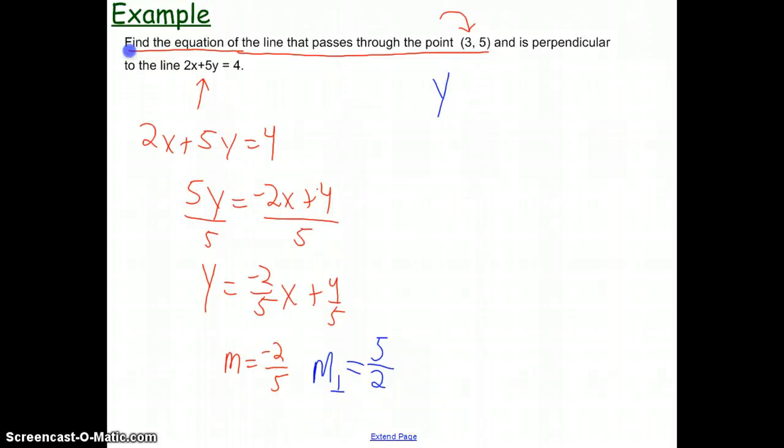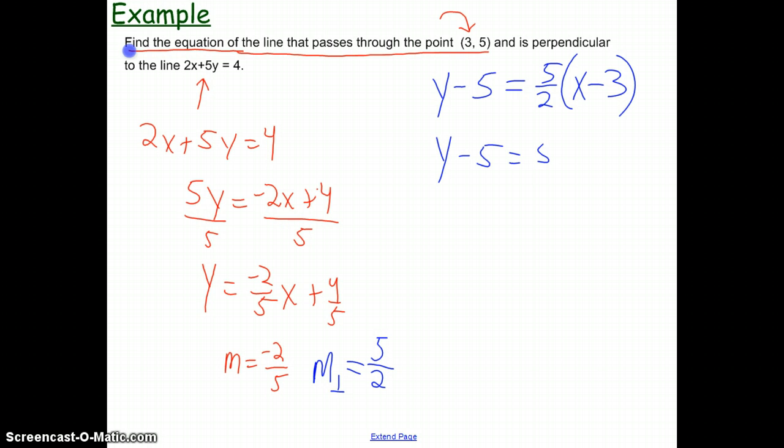So point slope form again. We have y minus the y coordinate of the point the line goes through, equal to the slope, 5/2, times x minus the x coordinate of the point the line goes through. And now just solve for y. So y minus 5 equals 5/2 x minus 15/2.